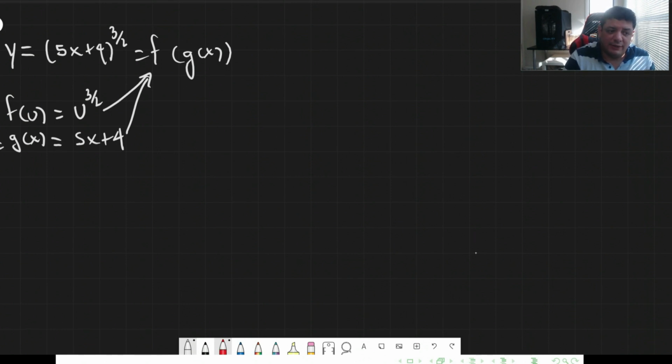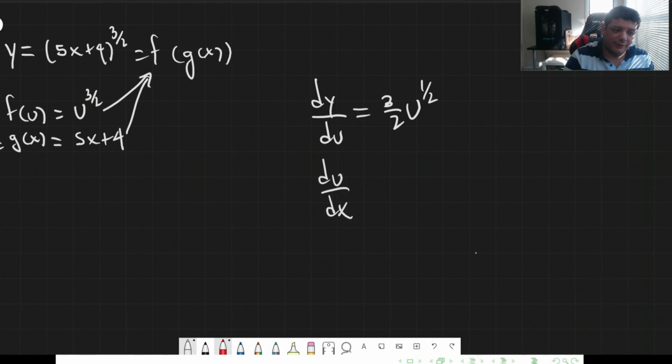So we can take the dy/du, and the dy/du is just going to be the derivative of u to the 3/2, so it's 3/2 u to the 1/2. And we can also find out very easily what is du/dx, since this is 5x plus 4. So notice that this is just going to be 5.